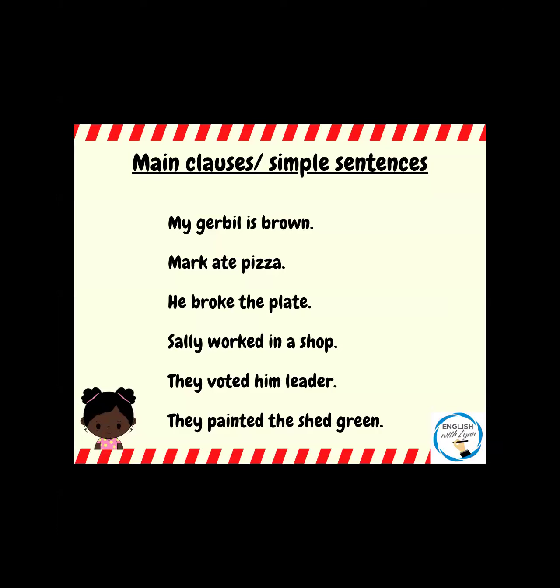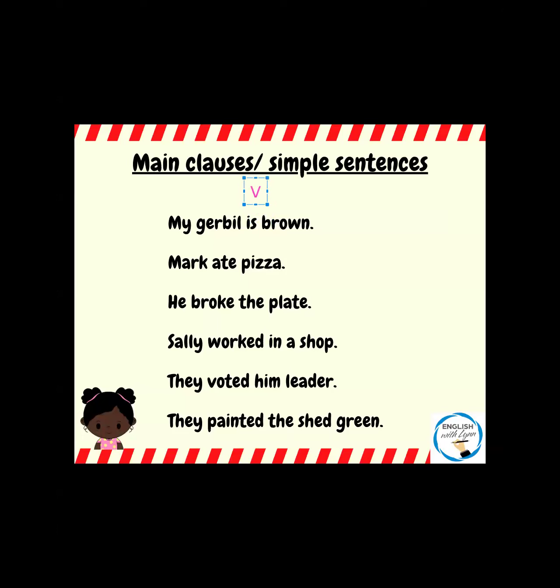So the first one, it's a tiny bit tricky because my verb, I'm looking along, I've got the word is. Now, this is part of the verb to be. So is my verb.